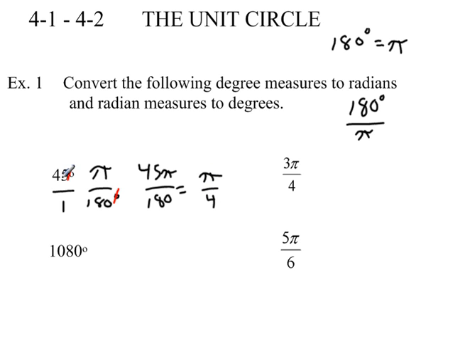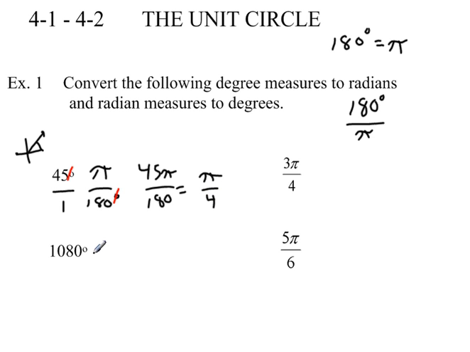Now here's another way of thinking about it. 45 degrees is this angle right about here. That angle is a fourth of the way to making a straight line. So it's 1/4 pi, 1/4 of that straight line.